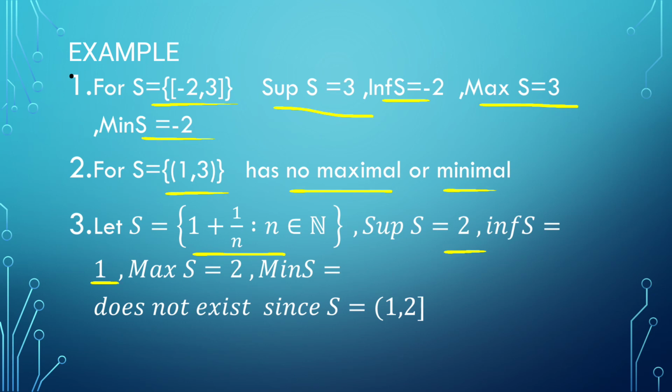So the infimum becomes 1. Therefore the maximum can be seen, but in this case you can't really identify the minimum, because it is closed upward, but downward is open.